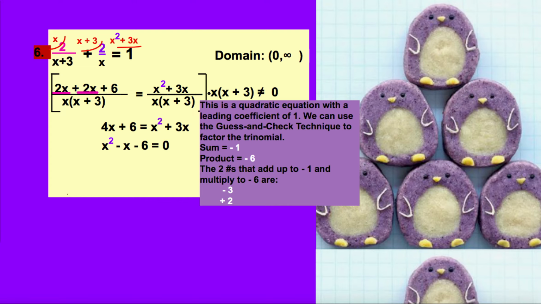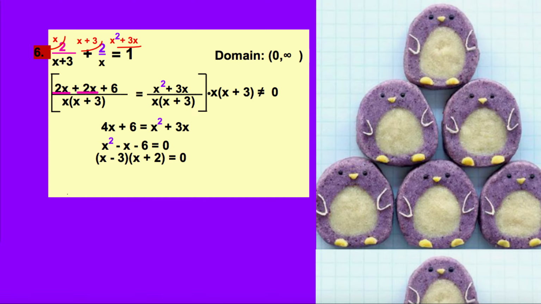This is a quadratic equation with a leading coefficient of 1. We can use the guess and check technique to factor the trinomial. The sum is equal to negative 1. The product is equal to negative 6. The two numbers that add up to negative 1 and multiply to negative 6 are negative 3 and positive 2.